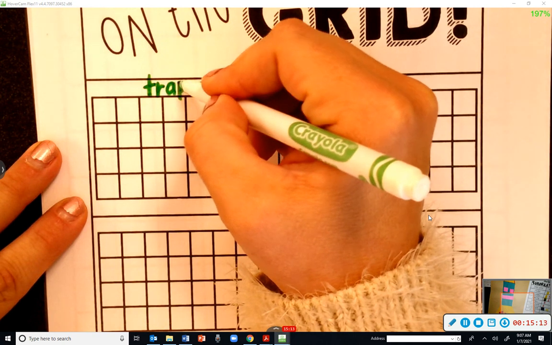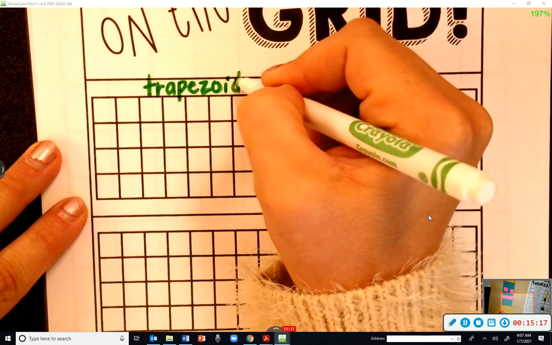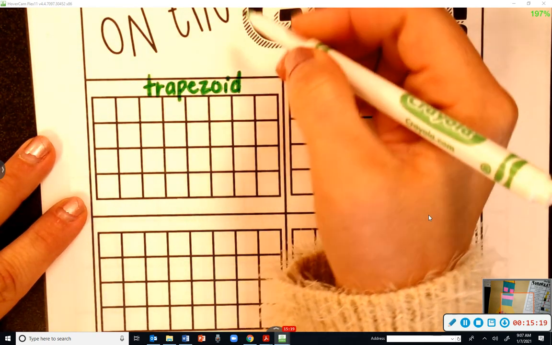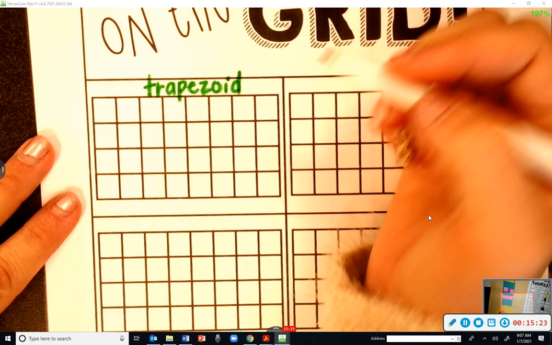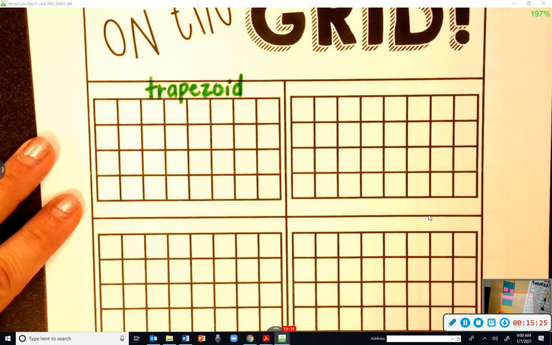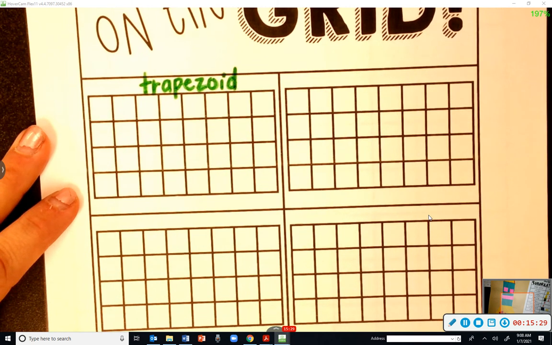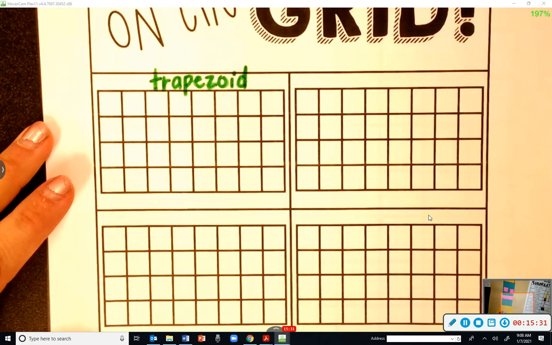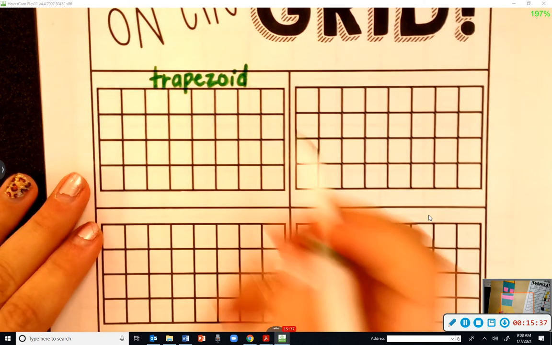Okay, what else? Bryson, what else does a trapezoid need to have? It needs to have 4 sides. 4 sides. Okay. Do we need to worry about right angles? Do we need to have those? Yes. No. No. You can have one. Sometimes it has one.